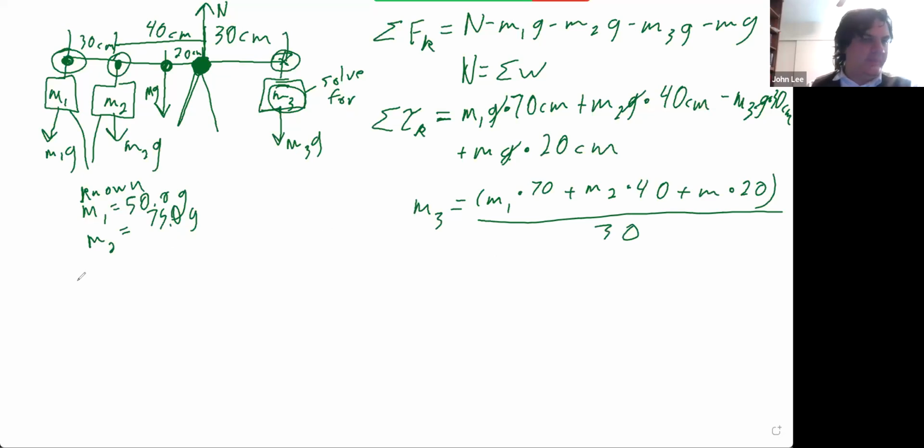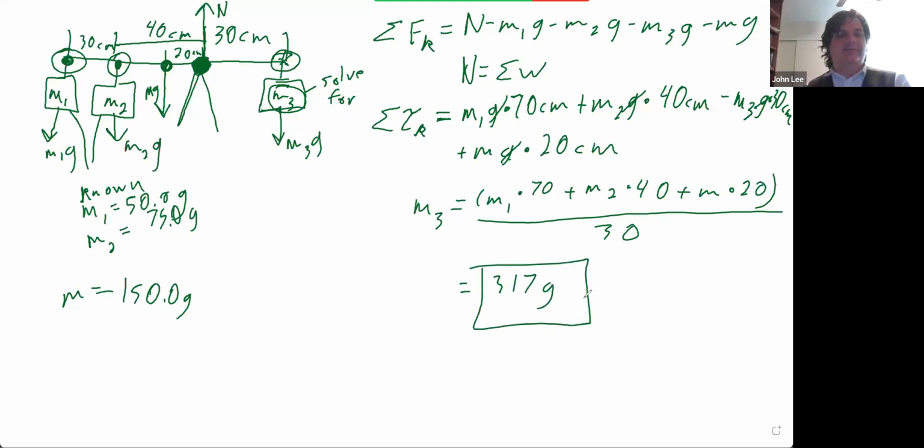So if M equals 150 grams, then this is going to end up being 317 grams. So that's going to give us the value.